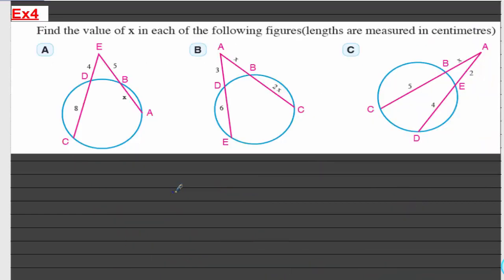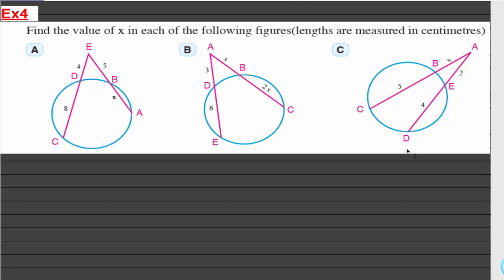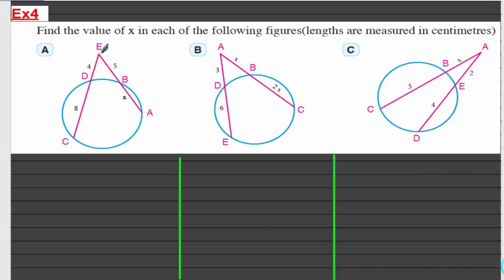Next question. Also find the value of x in each of the following figures. Lengths are measured in centimeters. So here in figure 1, we have EB multiply EA equals ED multiply EC.